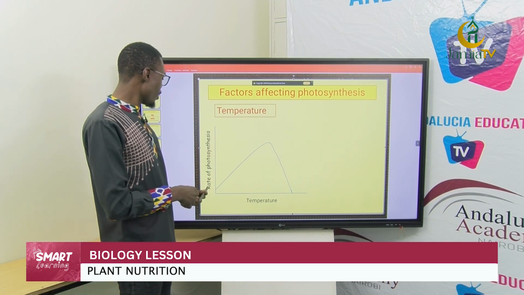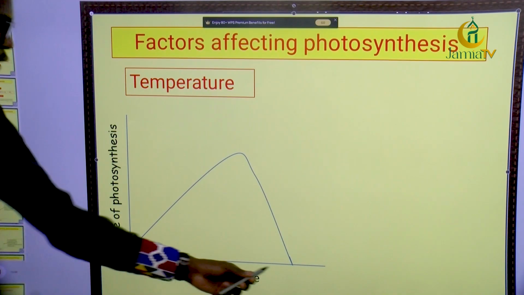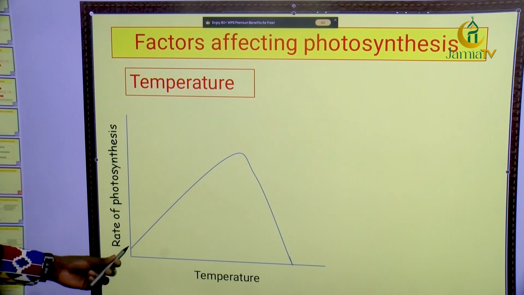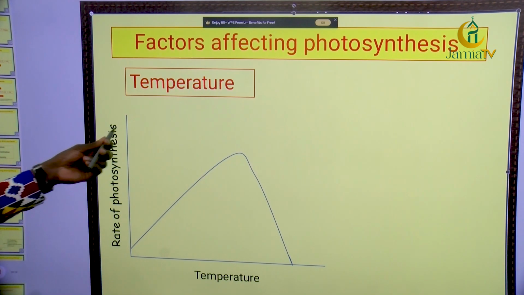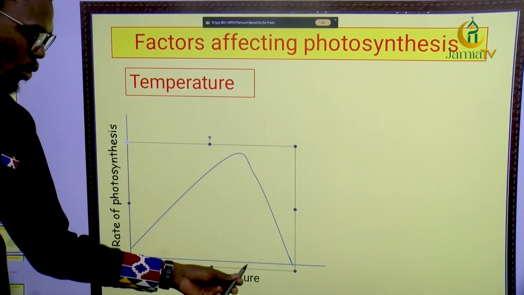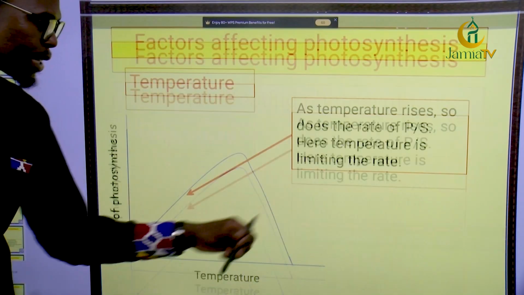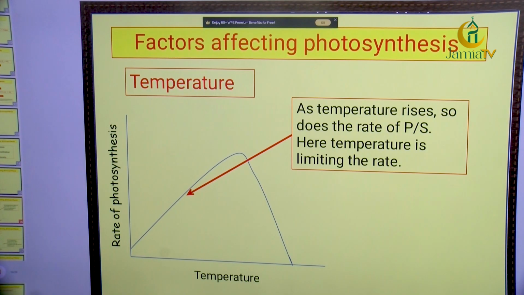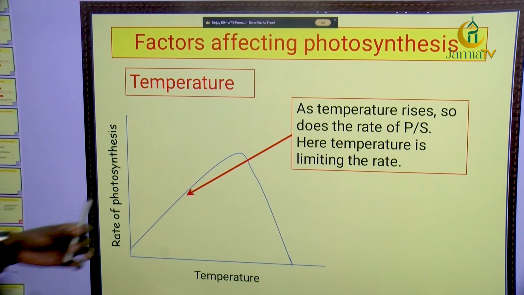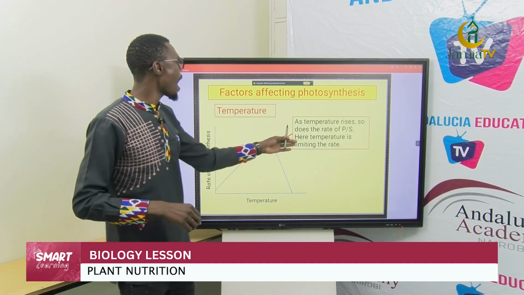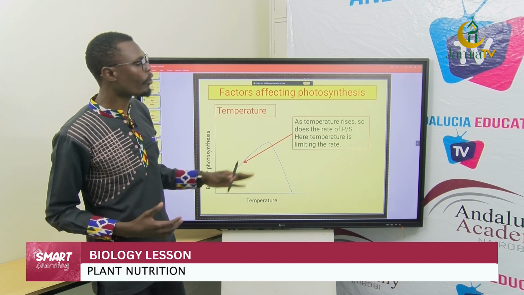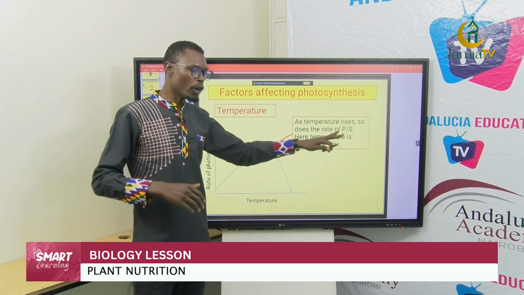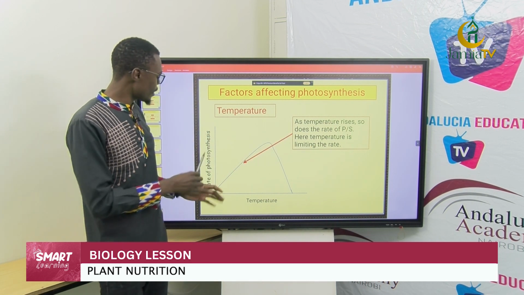That is why from the graph you can see the highest point, the peak of the rate of photosynthesis, is where the temperature is around 37 or 38 degrees Celsius. So you will indicate that as the temperature rises, the rate of photosynthesis also increases, just from the graph.